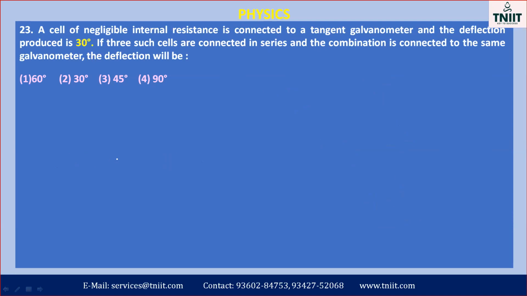Now, there is a cell of negligible internal resistance and a tangent galvanometer. Students, the tangent galvanometer will not come in the NCERT syllabus, but in the NCERT we have studied the moving coil galvanometer.